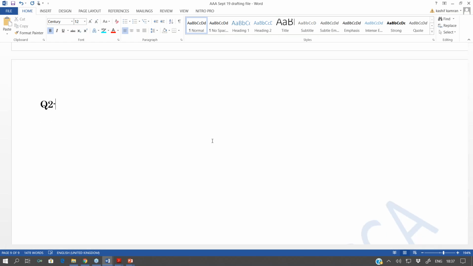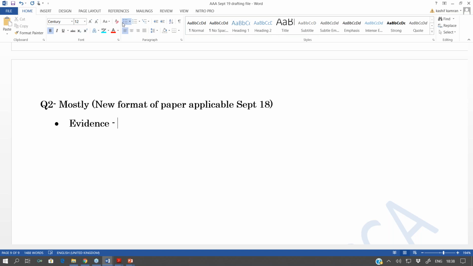Now, when you look at question two, mostly in the new context, in the new format of the paper, which is applicable since September 18, in question two you can find a question on evidence, and we just had a discussion on how you would get a question on evidence, right?